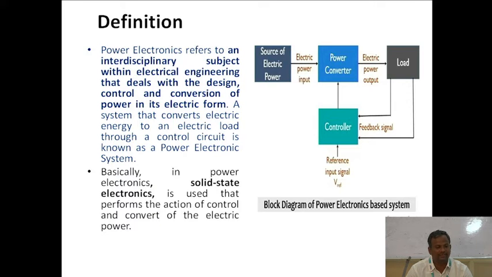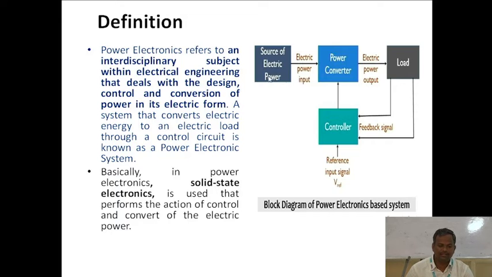Power electronics is an interdisciplinary subject within electrical engineering that deals with the design, control and conversion of power in its electrical form. A system that converts electrical energy to an electrical load through a control circuit is known as a power electronic system.